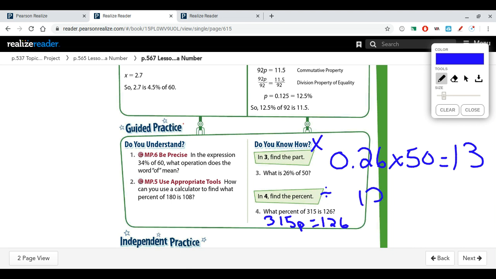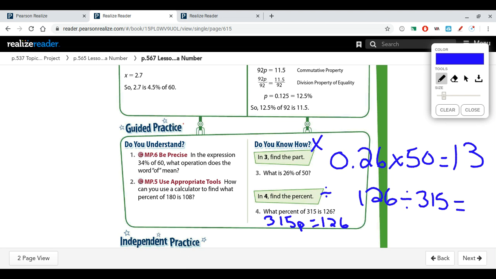I'm going to take 126 and divide that by 315. 315 is my total. We said of means multiply, so here's my multiplication equation: 315p equals 126, and that'll give me my percent.